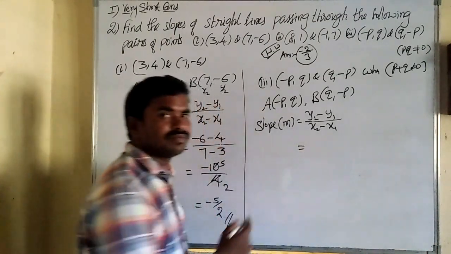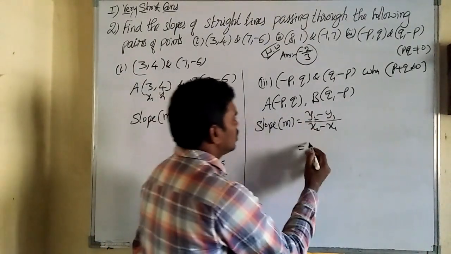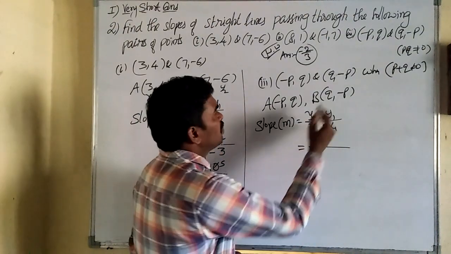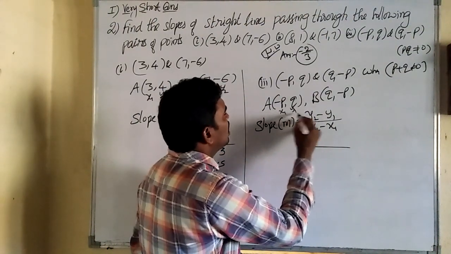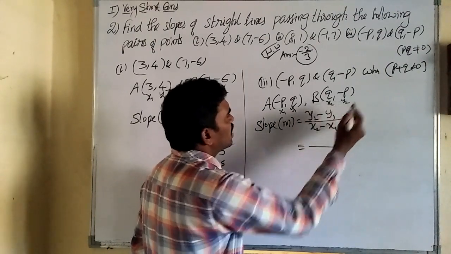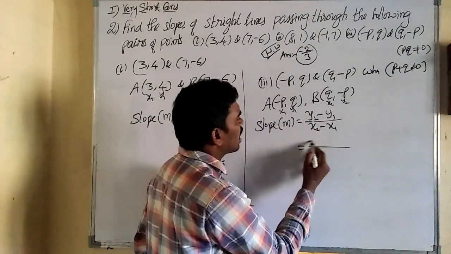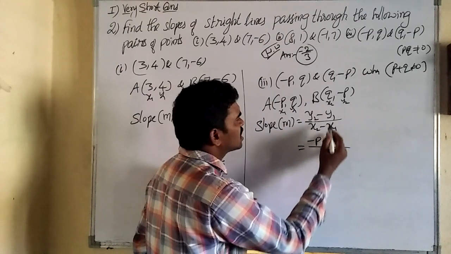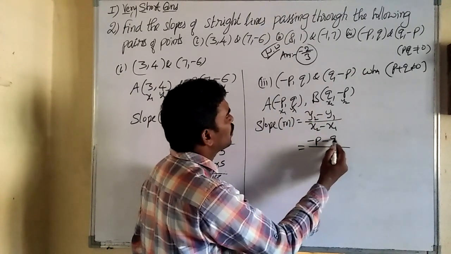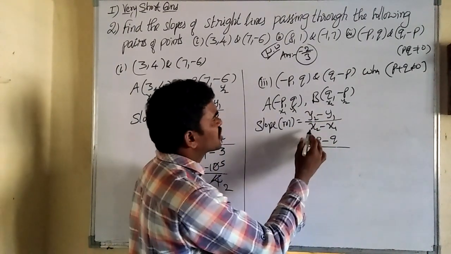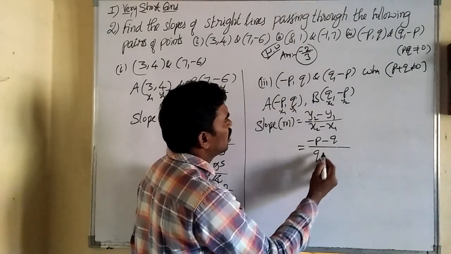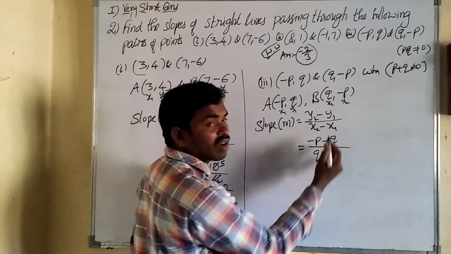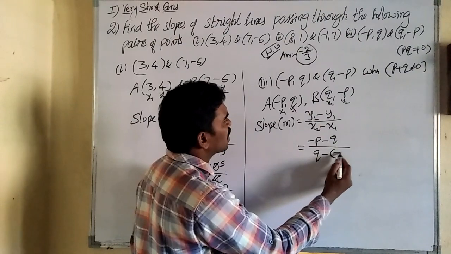So m equals y2 minus y1 by x2 minus x1. First point is x1, y1, second point is x2, y2. y2 means -p, minus y1 which is q, by x2 which is q, minus x1 which is -p.